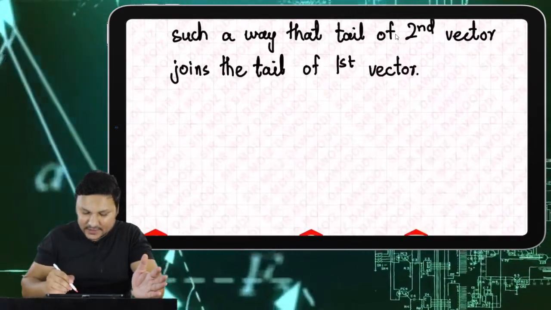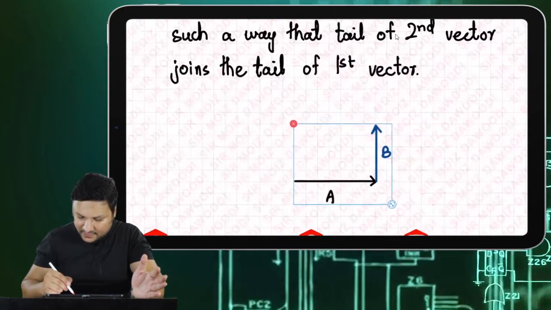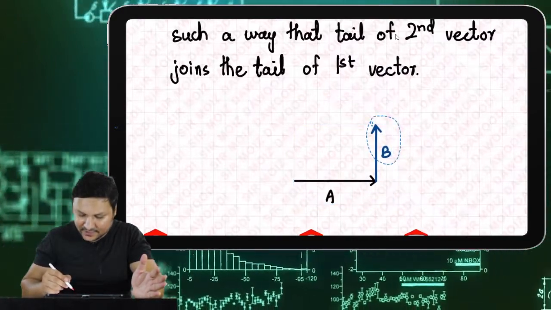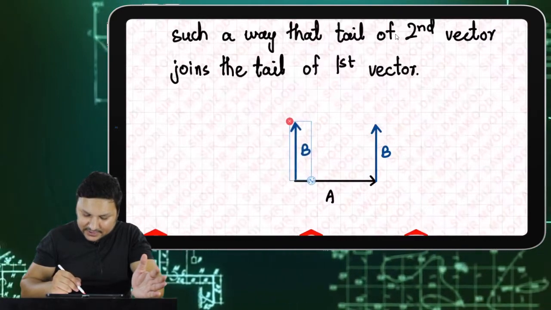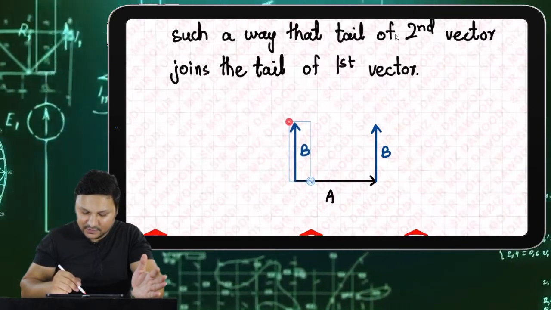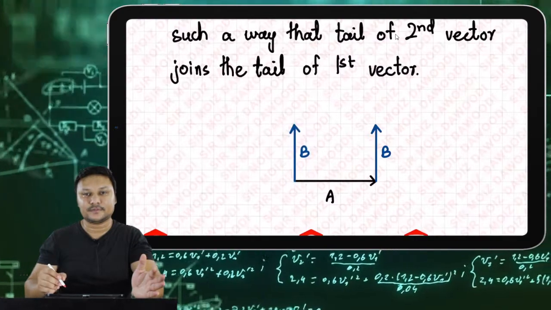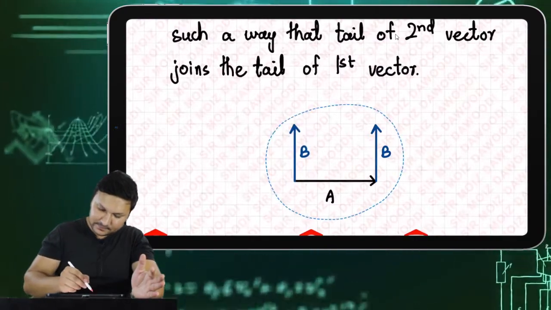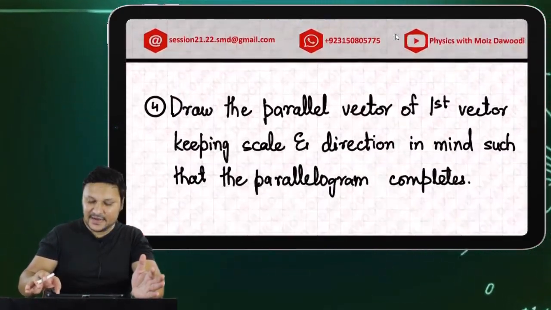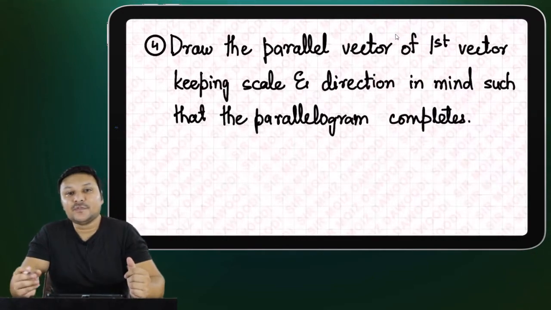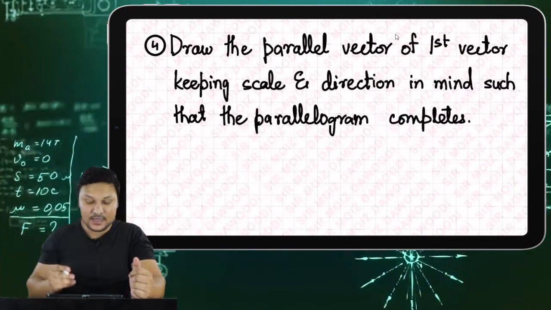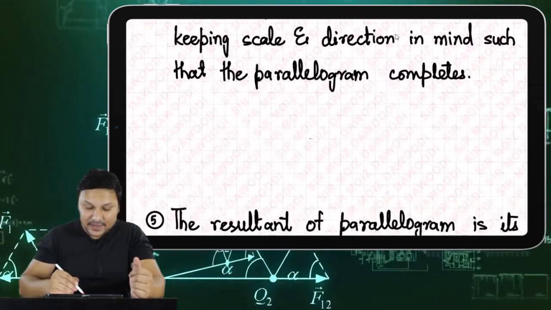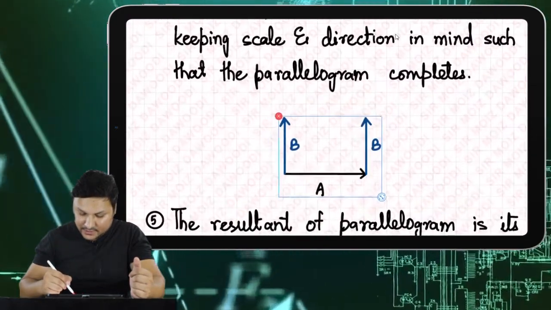Like my first vector is A. So I will make a parallel vector of second vector and join it in the way that the tail of second vector joins the tail of first vector like this. And finally, what do I have to do? I have to draw a parallel vector of first vector, that is A, in such a way that the parallelogram completes.